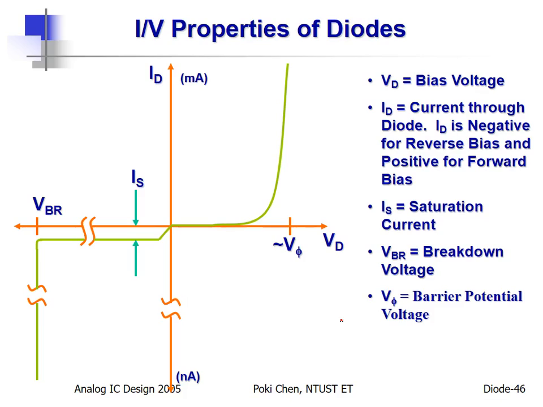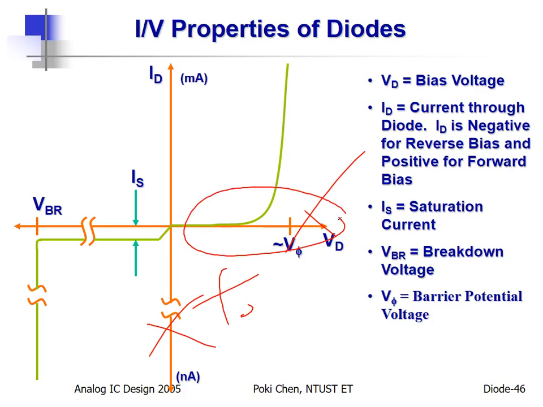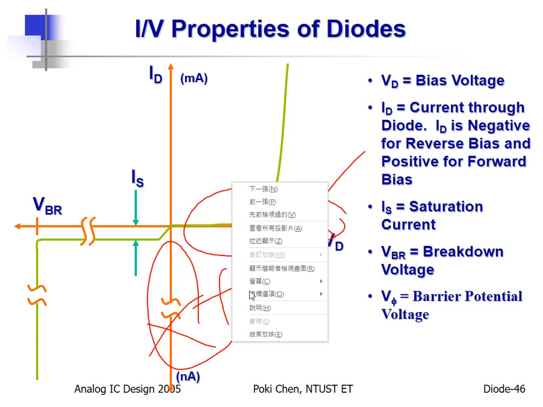What is the real? I mean, to the scale, 完全等比例的. Okay, right now they are not to the scale because you zoom in here and there. Okay, so if you don't zoom in, then allow me to show you.